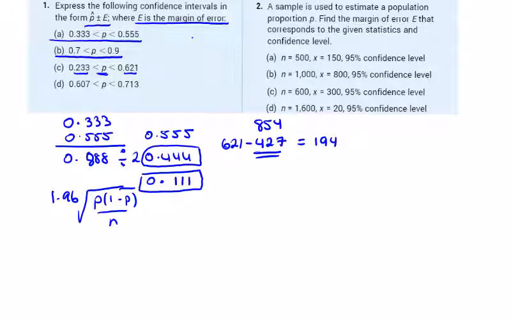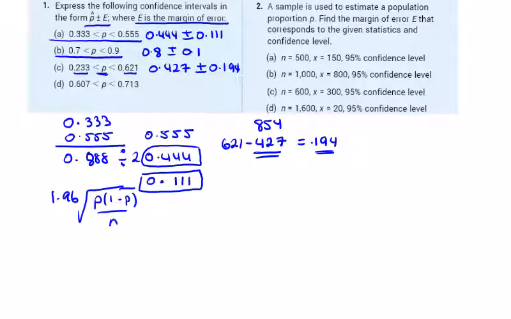We got 0.444 plus or minus 0.111 is the format they want this in. This was 0.8 plus or minus 0.1. This one becomes 0.427 plus or minus 0.194.